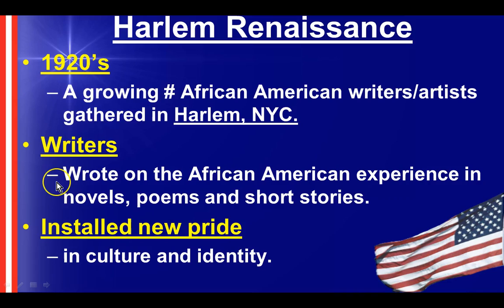After the wartime jobs go away, there's problems, of course, but they settle in some of the major cities in the north, and in particular Harlem, New York is a very upscale, happening place where there are African American writers and artists that basically set up a life and a lifestyle there for themselves and write about the African American experience in novels and poems and short stories.